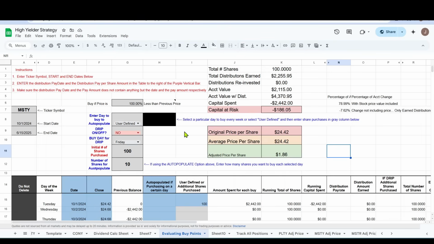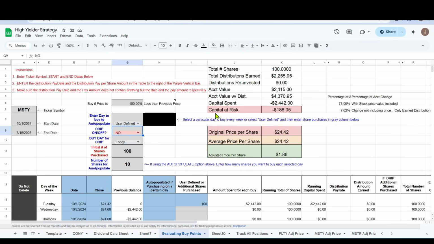So let's just go ahead and turn on the drip and say that we're going to drip it all right back in, which will increase our number of shares, right? Because we are dripping it right back in, and that will help to bring that average price per share down because you'll have more shares that will be part of the equation. So let's just go ahead and turn the drip on, and let's just see where we're at.